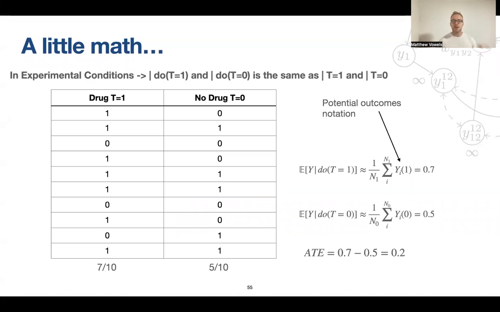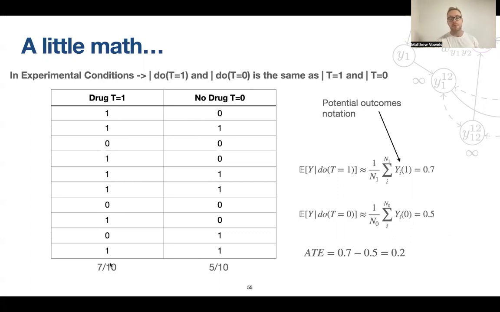And to see what that might look like, if we do have a randomized control trial, for instance, and we are able to do treatment equals 1, do treatment equals 0, maybe we can assign treatment and control randomly, in which case we may have the outcomes listed in our data set under these two different conditions. So here, these columns correspond with whether or not someone recovers.